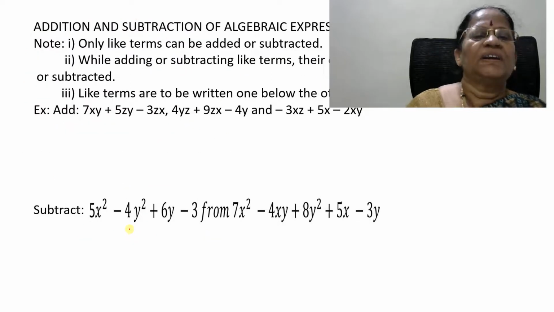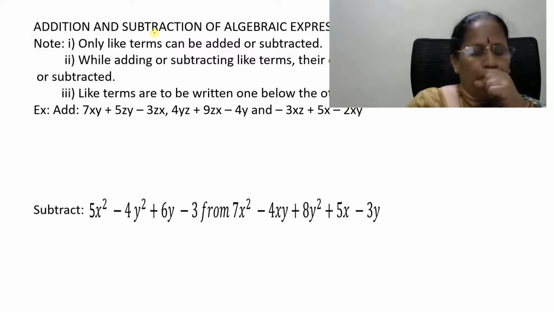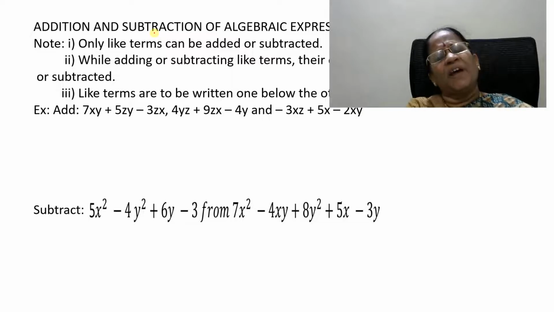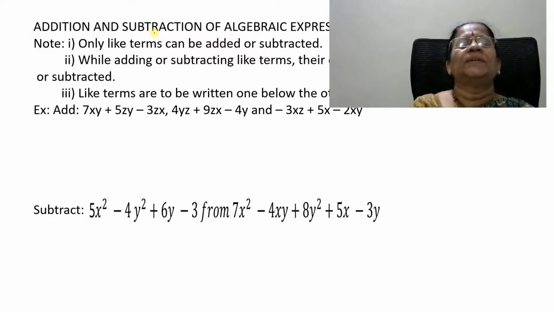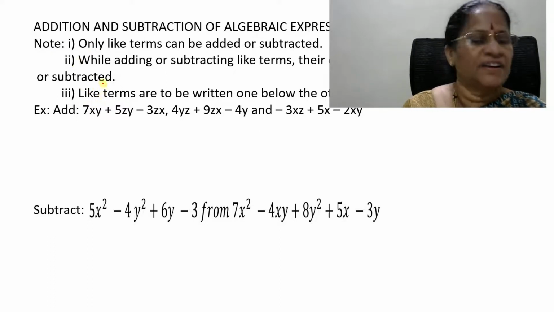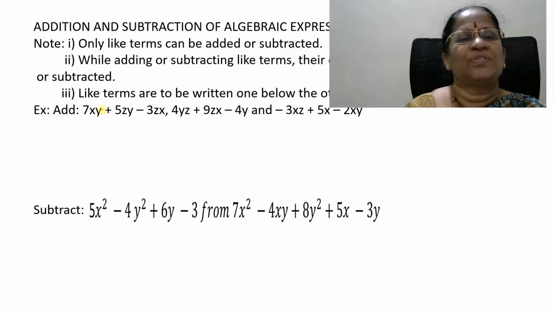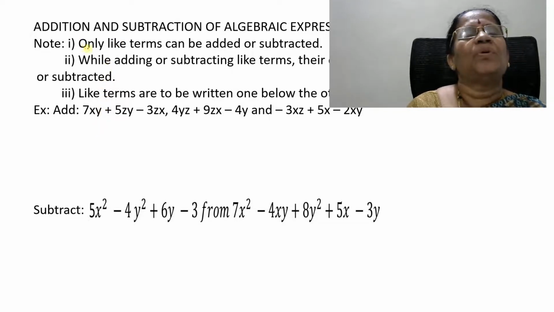Now let's consider the addition and subtraction of algebraic expressions. While adding or subtracting the algebraic expressions, you need to remember few things. These are 3 important points which ought to be retained in your mind. You should remember this while doing addition or subtraction. Only like terms can be added or subtracted.